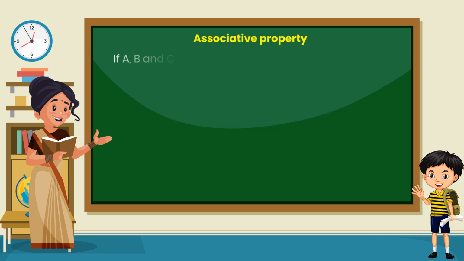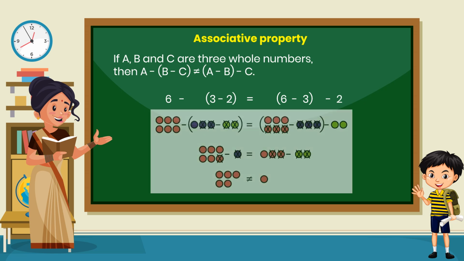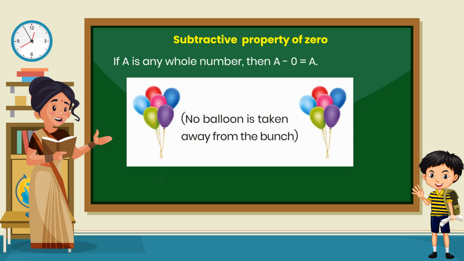If A, B and C are three whole numbers, then A minus (B minus C) does not equal (A minus B) minus C. Subtractive property of 0. If A is any whole number, then A minus 0 equals A. 6 minus 0 equals 6.